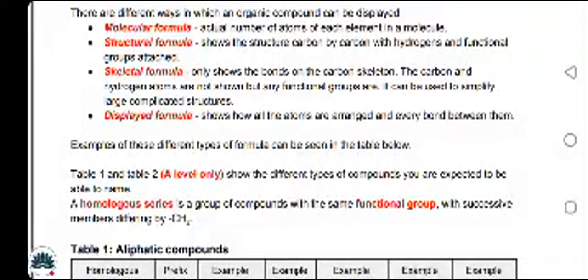The skeletal formula only shows the bonds on the carbon skeleton. The carbon and hydrogen atoms are not shown, but any functional groups are. It can be used to simplify large complicated structures. The displayed formula shows how all the atoms are arranged and every bond between them. Examples of these different types of formula can be seen in the table below.